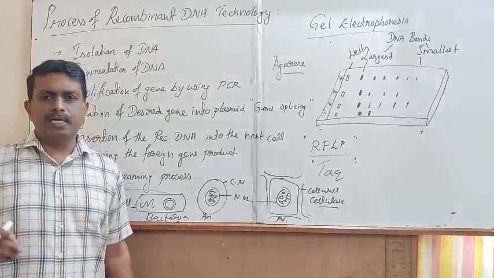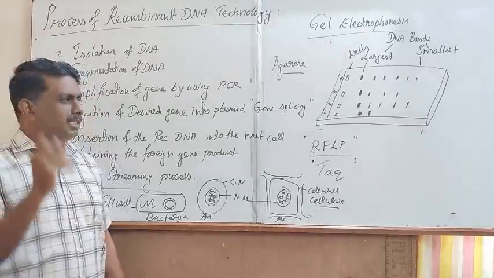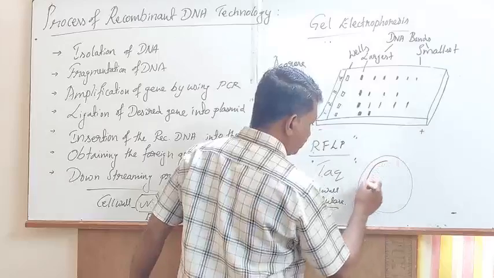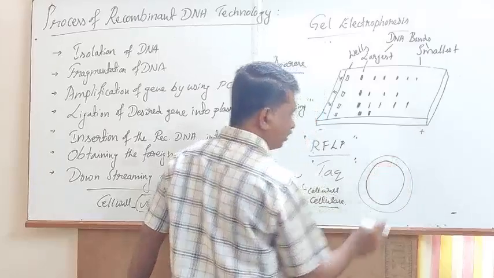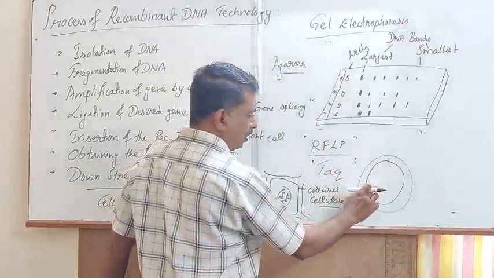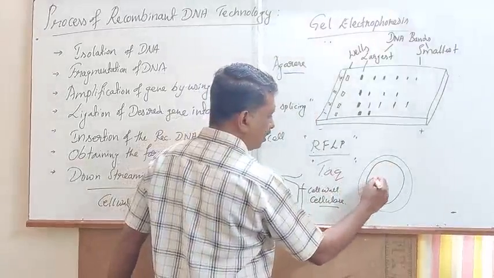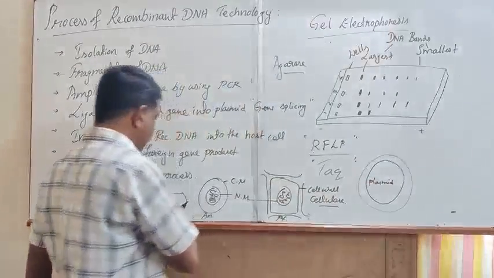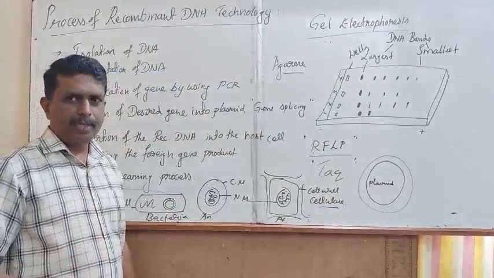In this process, a suitable plasmid is selected. A plasmid is defined as extrachromosomal double-stranded DNA that replicates autonomously in the bacterial cytoplasm.